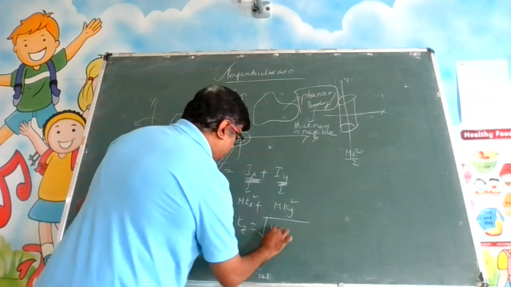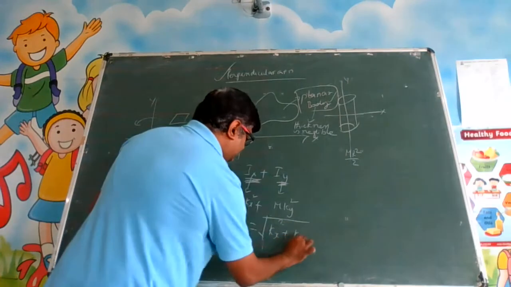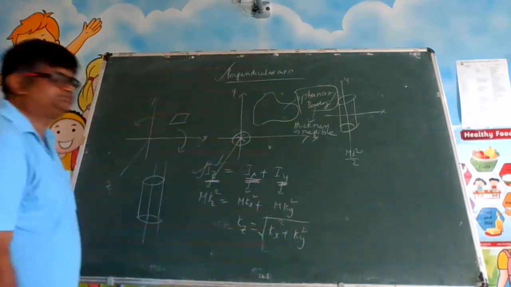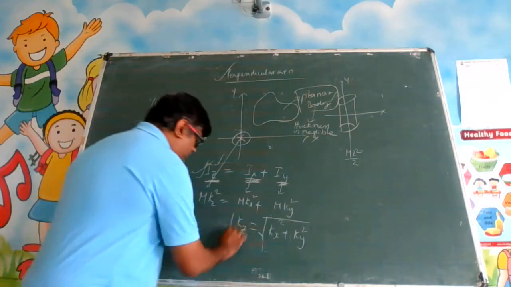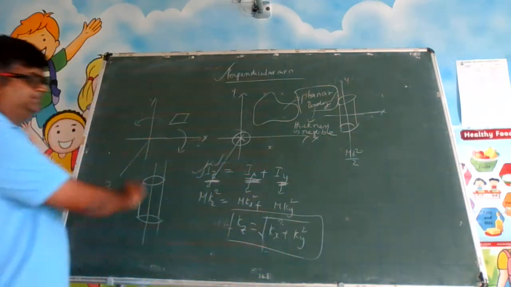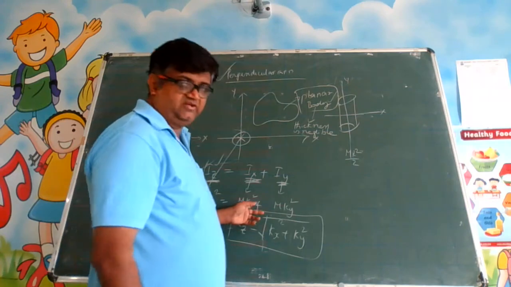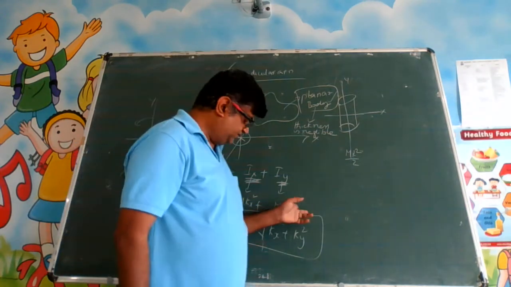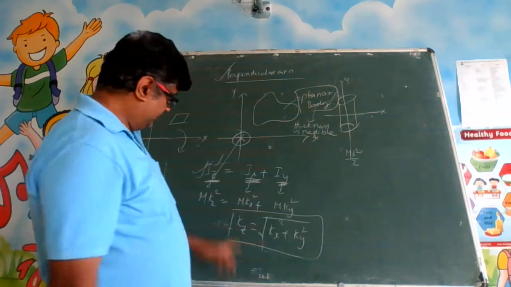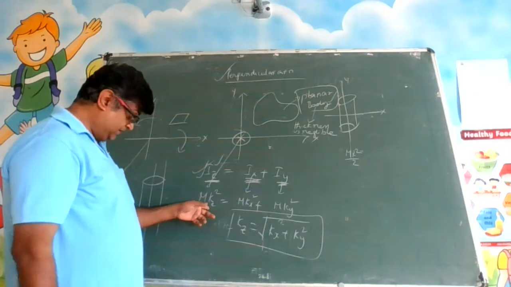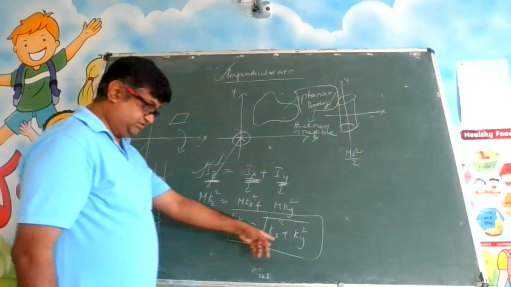It is root over kx square plus ky square. This is the formula for radius of gyration. If you know the radius of gyration in the x direction and in the y direction, you can calculate the radius of gyration along z using this formula.